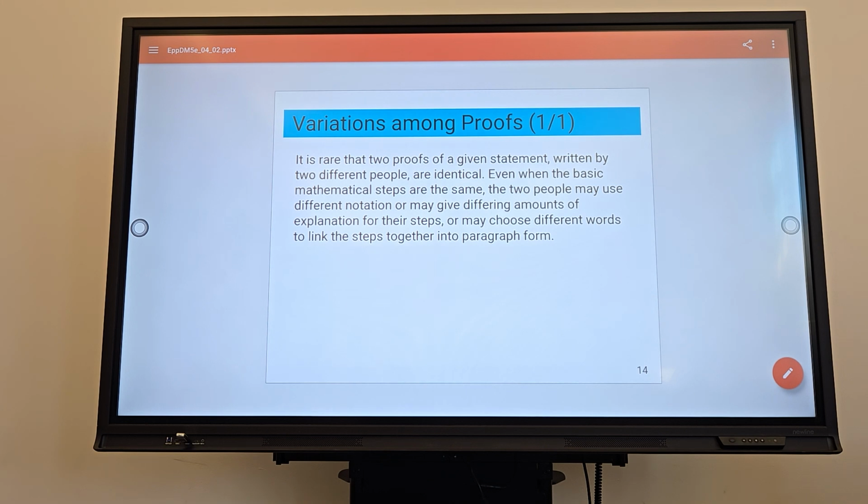It's kind of like writing a history paper. Two people writing a paper on the history of the city of Jackson are going to write two very different papers. That's kind of an extreme example, but the same is true with proofs. Proofs are going to be different from different people.